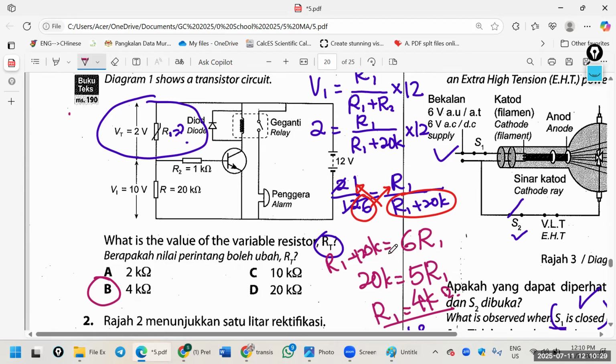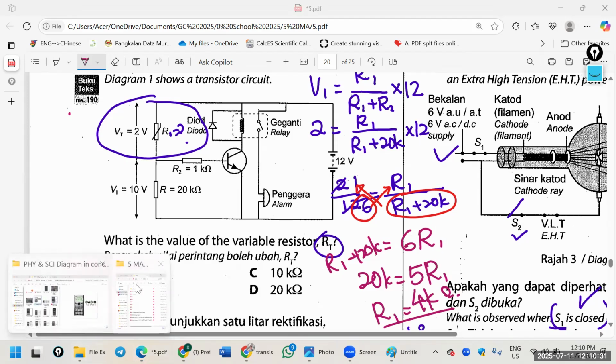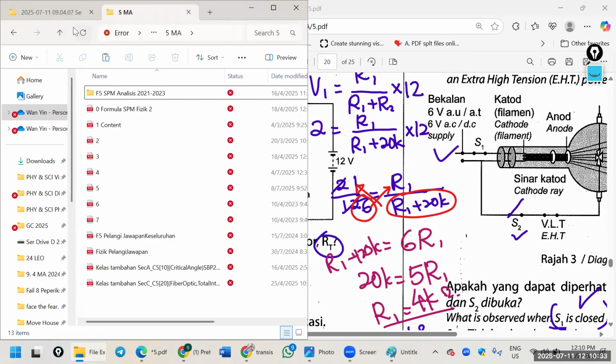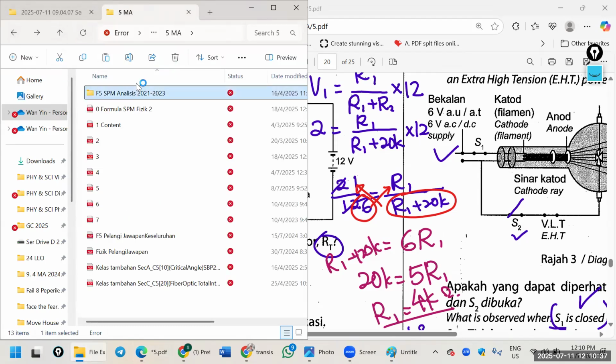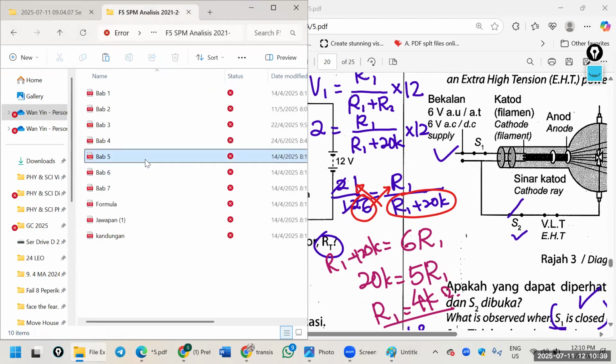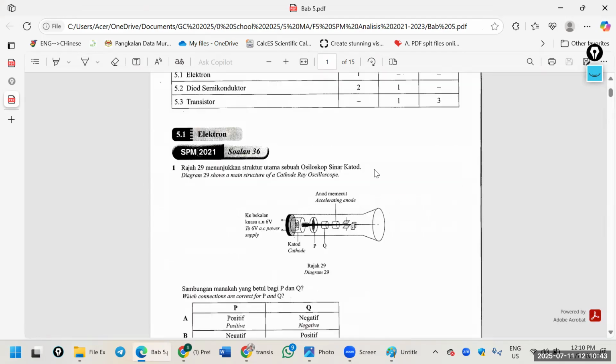Okay, next we look at analysis. The book, analysis.